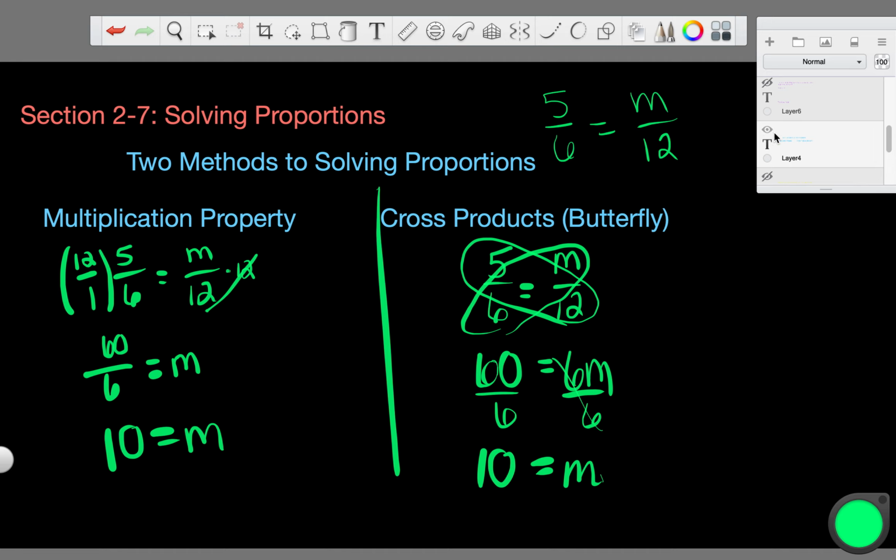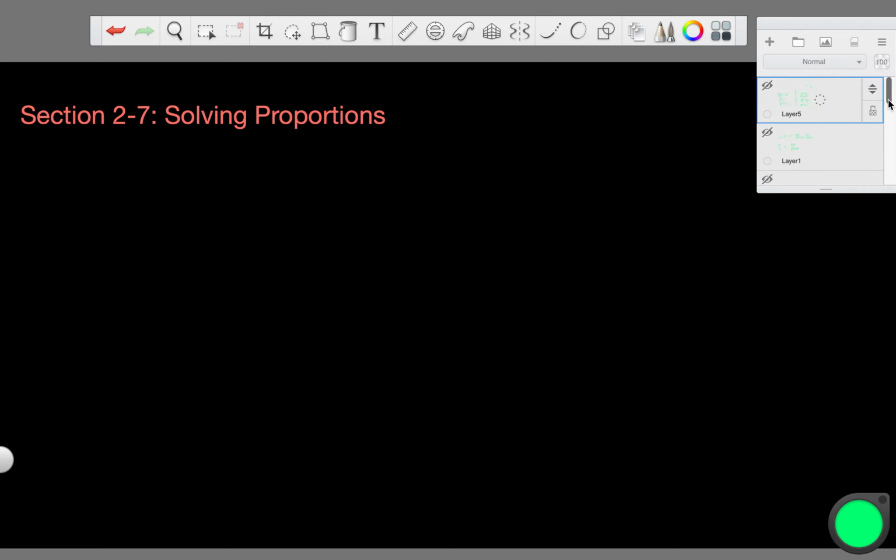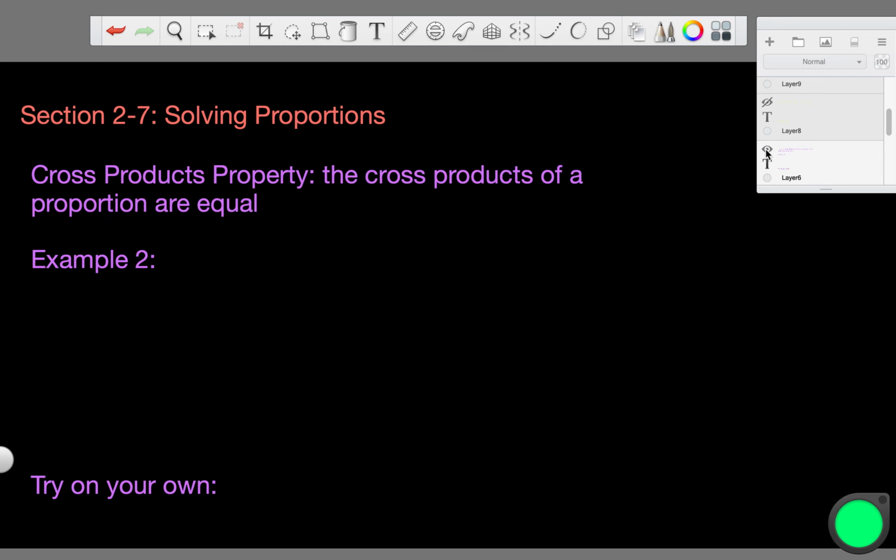All right, so let's move on, and we are going to display a definition for you guys. So, cross products property, I just went over it. We did an example of it, but we're going to do another one. The real definition of this is the cross products of a proportion are equal. So if you think of an X, you can pull your hands up as an X. You're doing your butterflies.